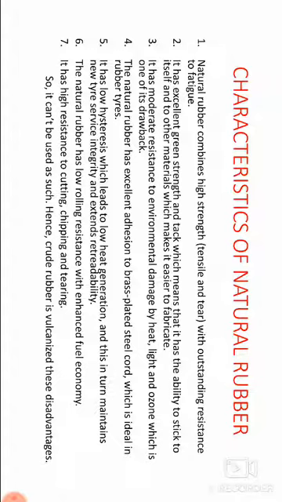Fifth one, it has low high stress, which leads to low heat generation, and this in turn maintains new tire service integrity and extends retreadability. Sixth one, the natural rubber has low rolling resistance with enhanced fuel economy.